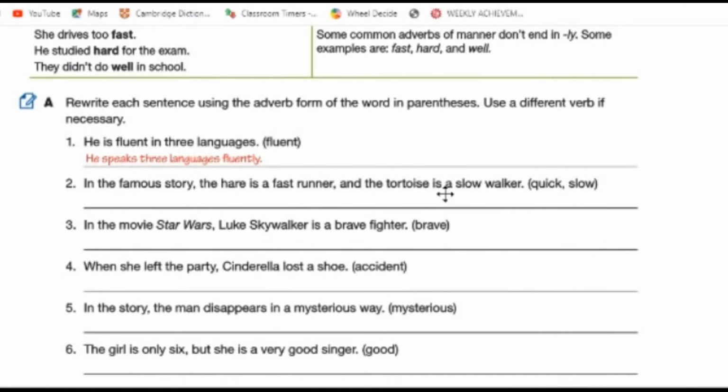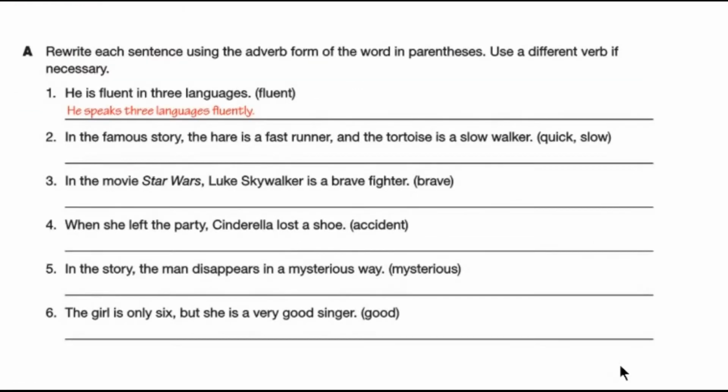In number 1 you have fluent. In number 2 you have quick and slow. Number 3, brave. Number 4, accident. Number 5, mysterious. And number 6, good. Now I will give you 3 minutes.